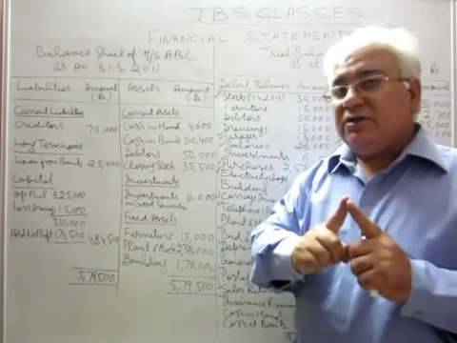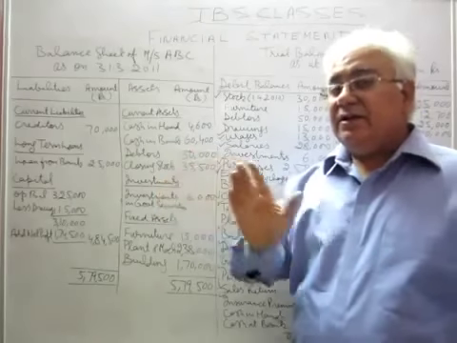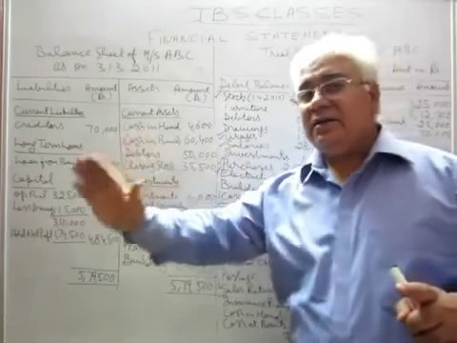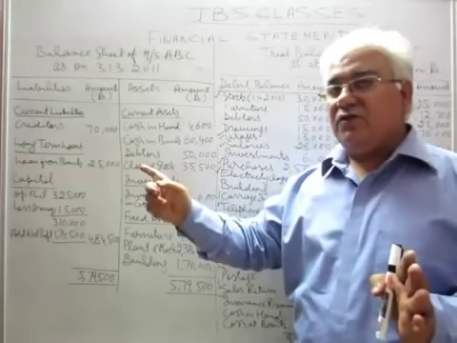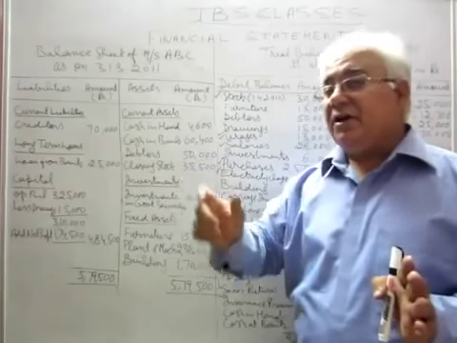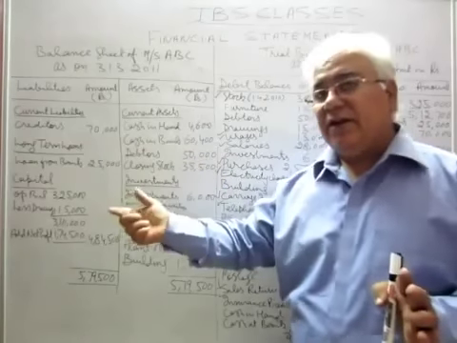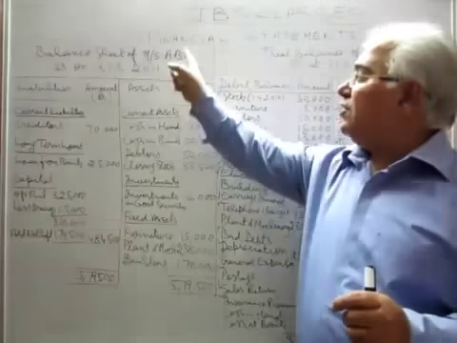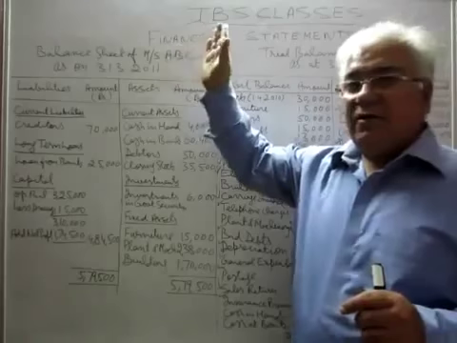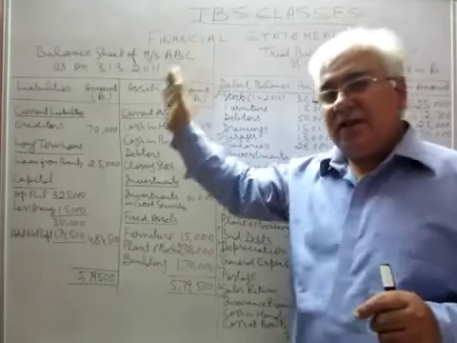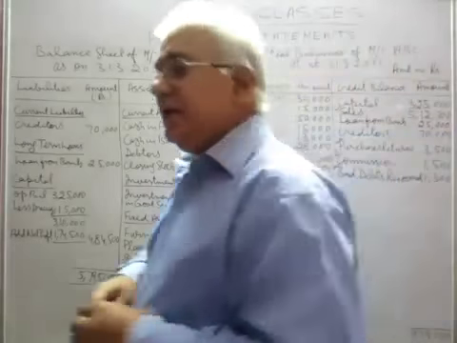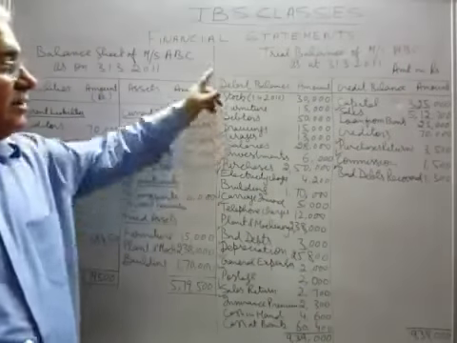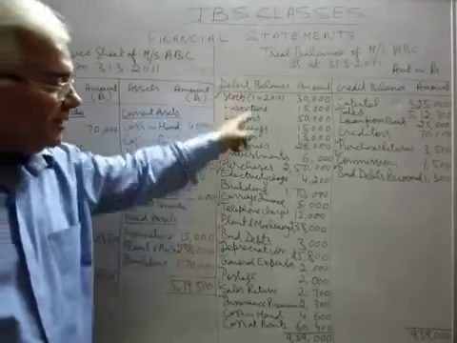Like profit and loss account is always for a period, for the year ending this date, like our trading and profit and loss account was for the year ending 31/3/2011. But the balance sheet is only on this date, on 31/3/2011.